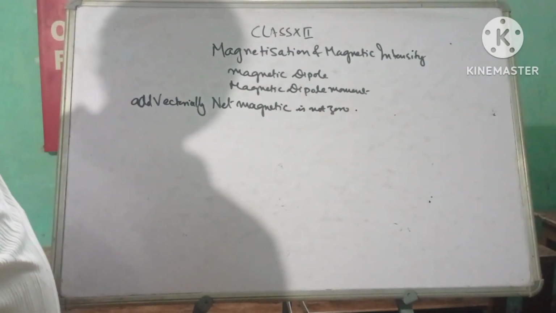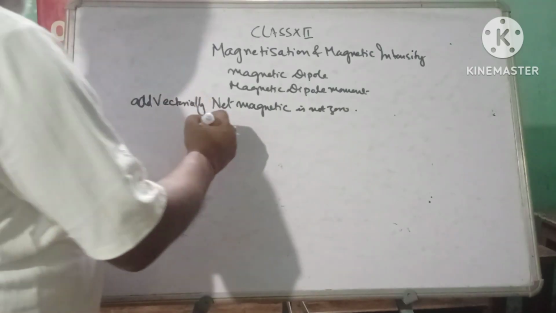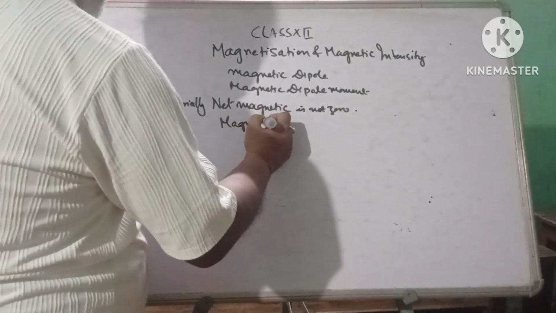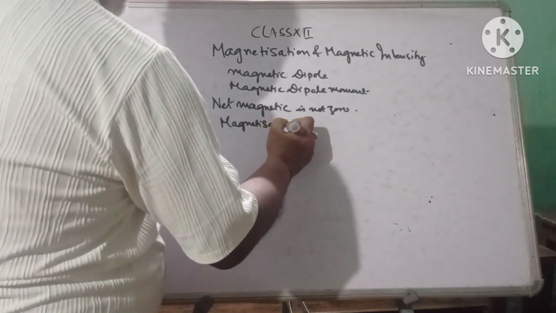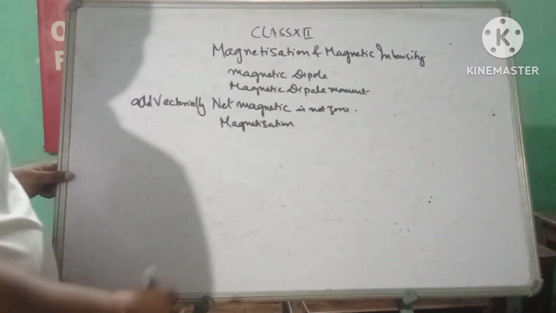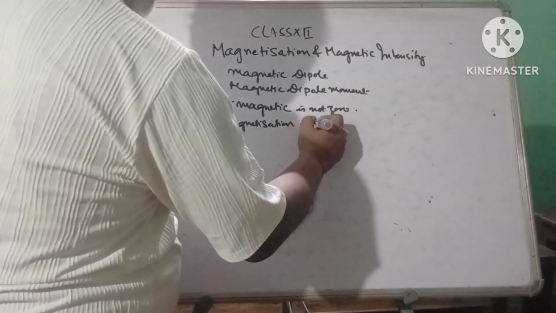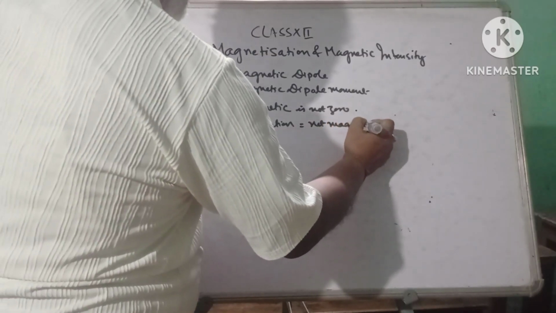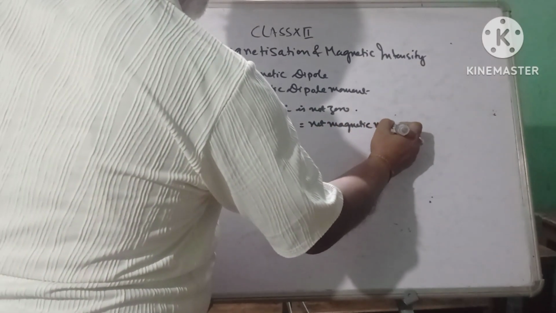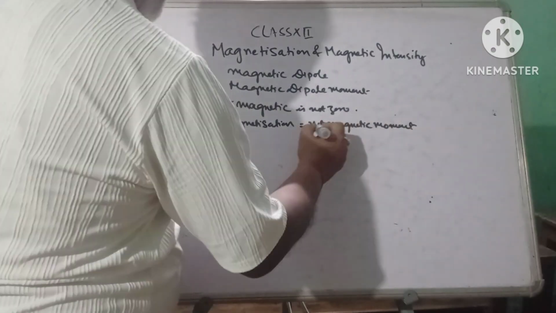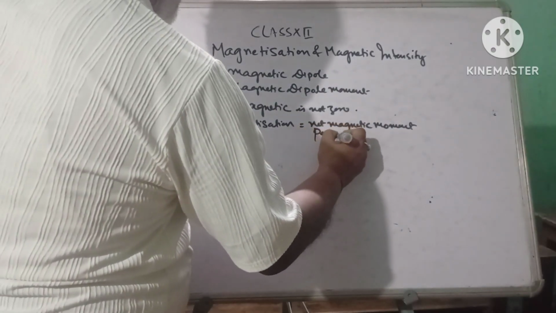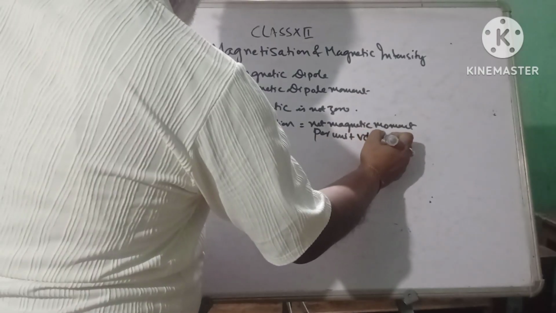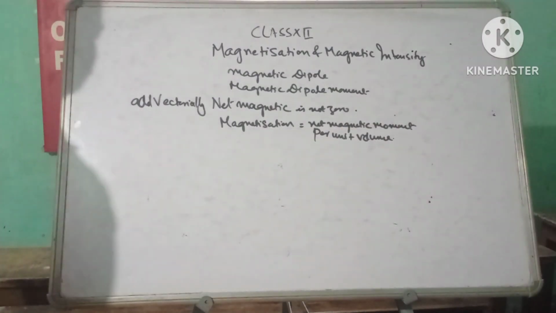So here comes magnetization. Magnetization is the net magnetic moment per unit volume.